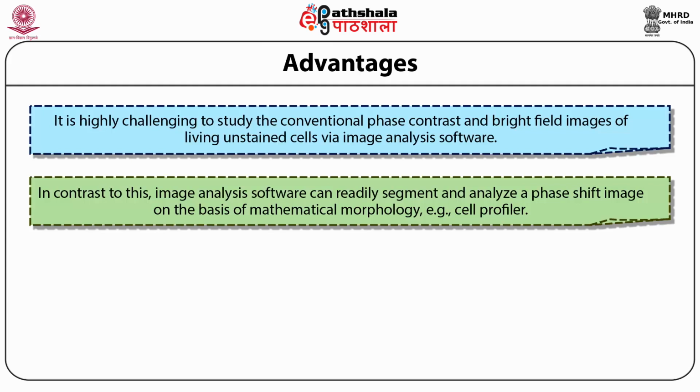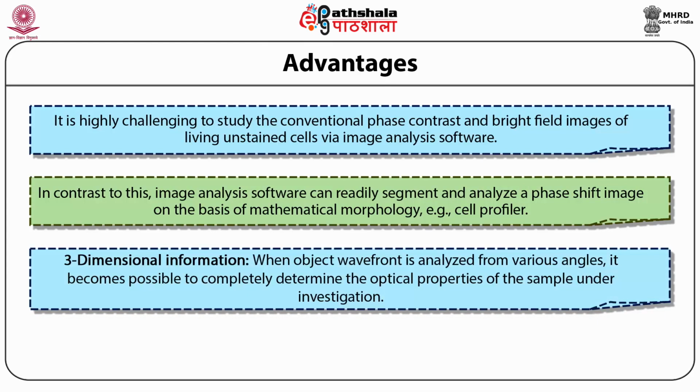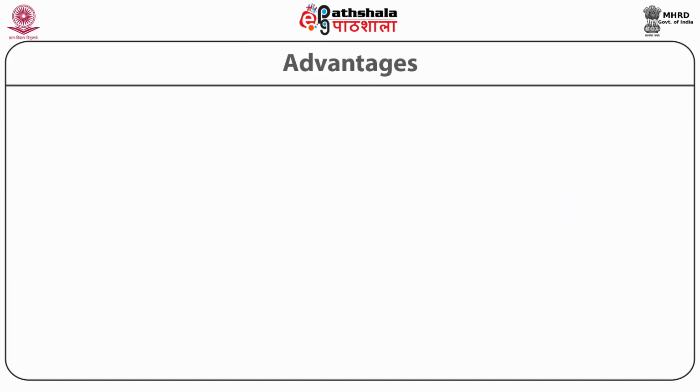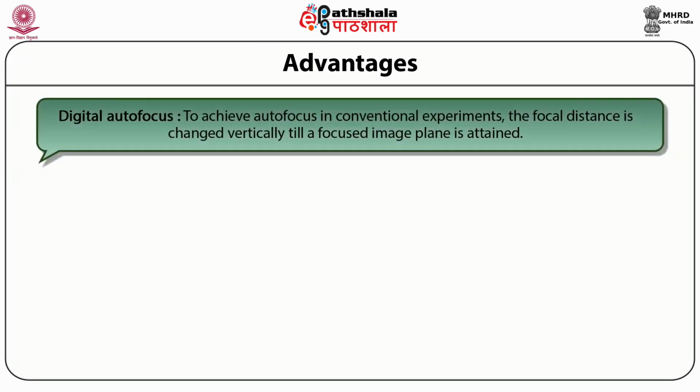More advantages of holography include the three-dimensional information. When the object wavefront is analyzed from various angles, it becomes possible to completely determine the optical properties of the sample under investigation. Also, the digital autofocus is another important advantage of holography.